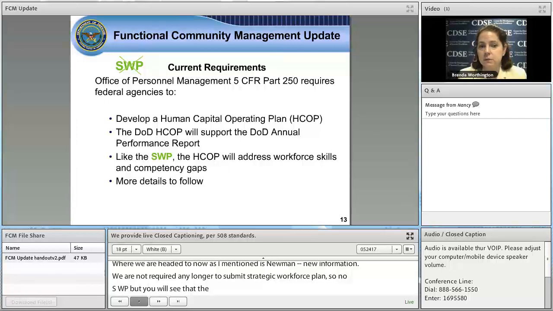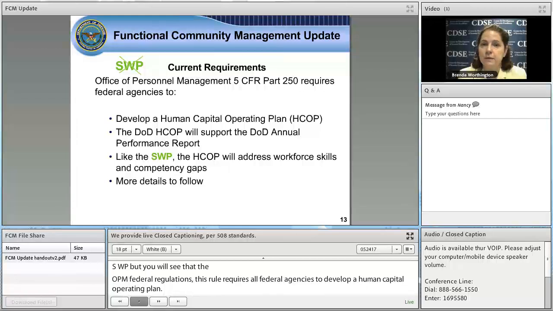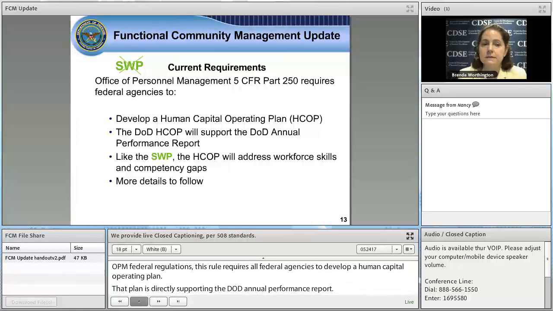That plan is directly supporting the DoD annual performance report. So I have a link on my MillSuite website where I posted the DoD annual performance report. A lot of folks aren't familiar with that. Federal agencies are required to have these performance reports, and they have performance measures that we report on periodically.